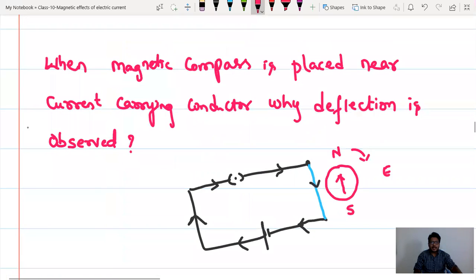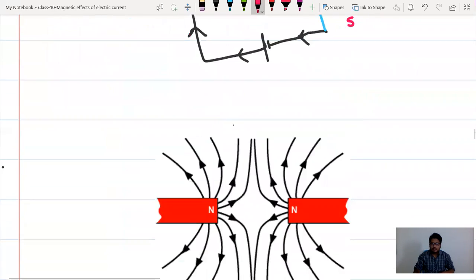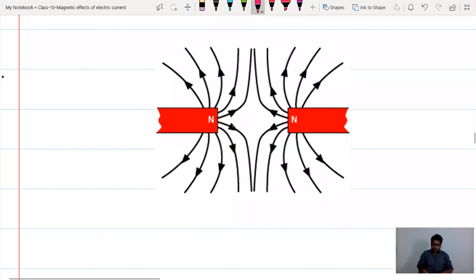So to understand this topic, let us see one diagram, this one. You see there are two magnets. Of course you can consider these are rails here. This one is a magnet and this is a full magnet here. I think you all are familiar with magnetic field lines.